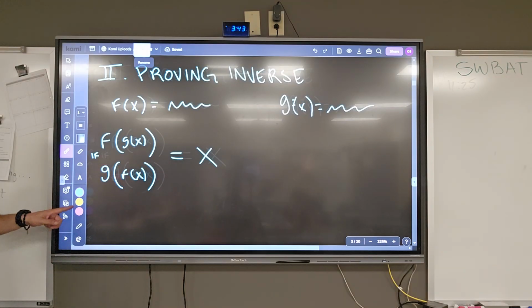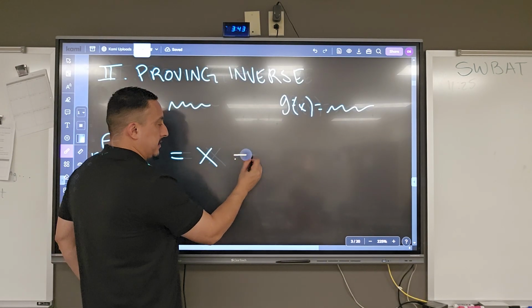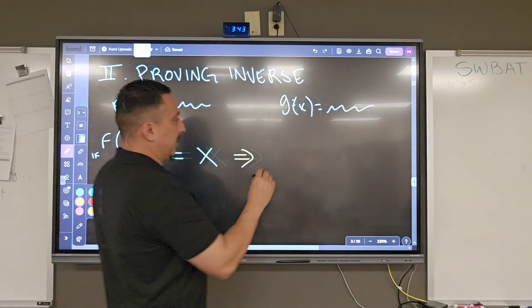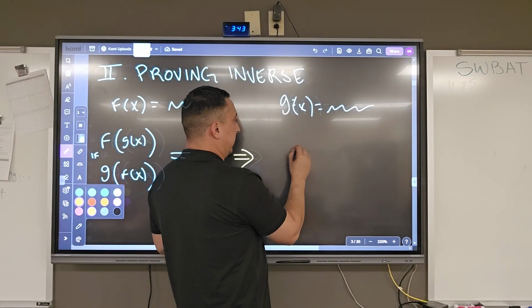That means, this arrow means that implies, that f and g are inverse of each other.